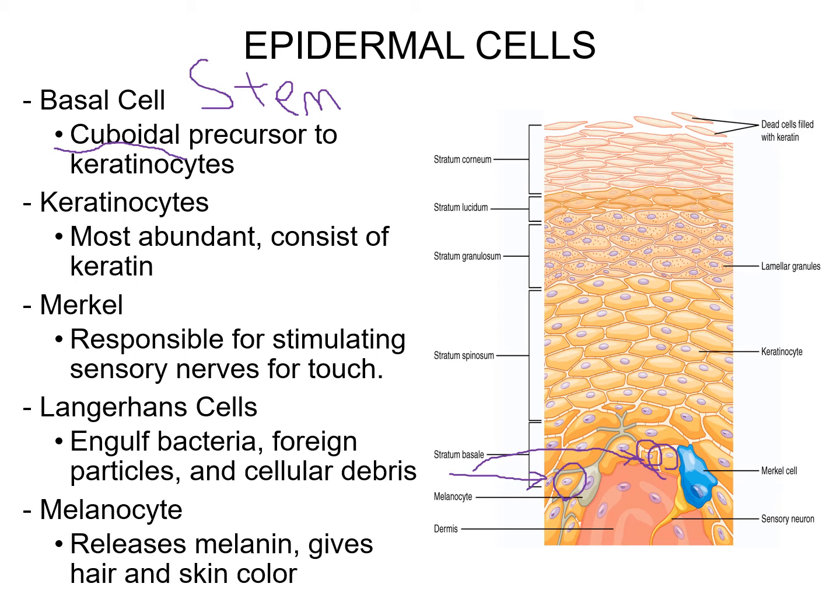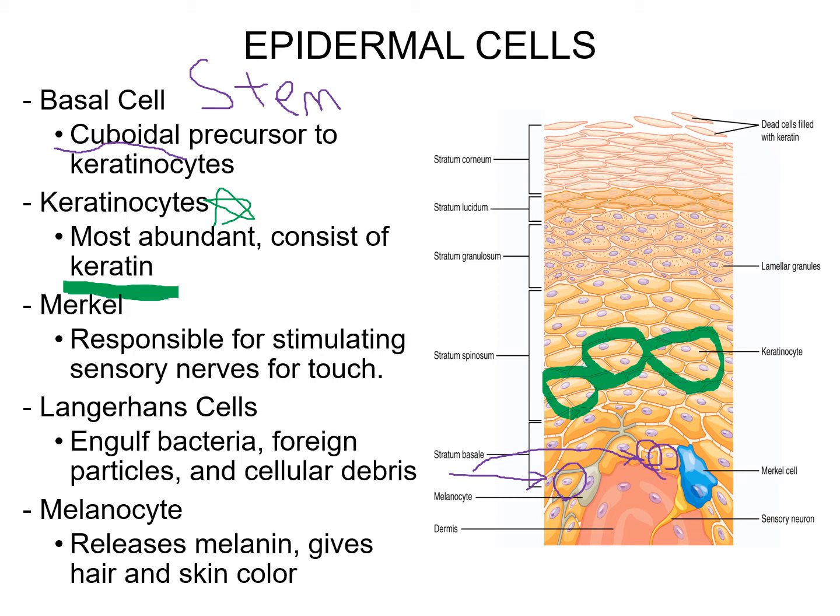Next cell are keratinocytes. Keratinocytes are these cells that you see kind of in the middle of the picture. I'm going to put them in green. You can see them with the little nuclei everywhere. These are all keratinocytes, and their job is to basically protect you. These cells are made just basically full of keratin.